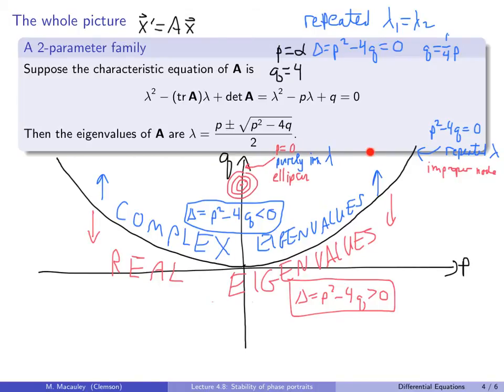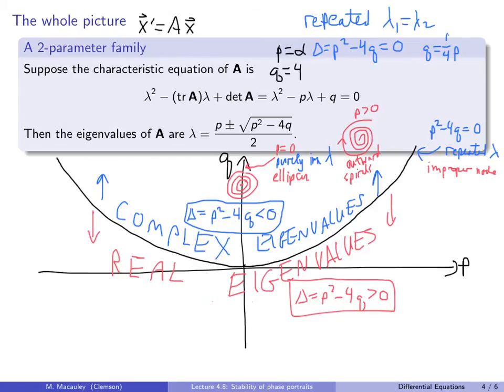Now when we're on the right-hand side, everything in here, that's going to be when p is greater than 0. So that means we're going to have outward spirals. So let me draw an outward spiral. So up in this region we have p greater than 0, so we have outward spirals.